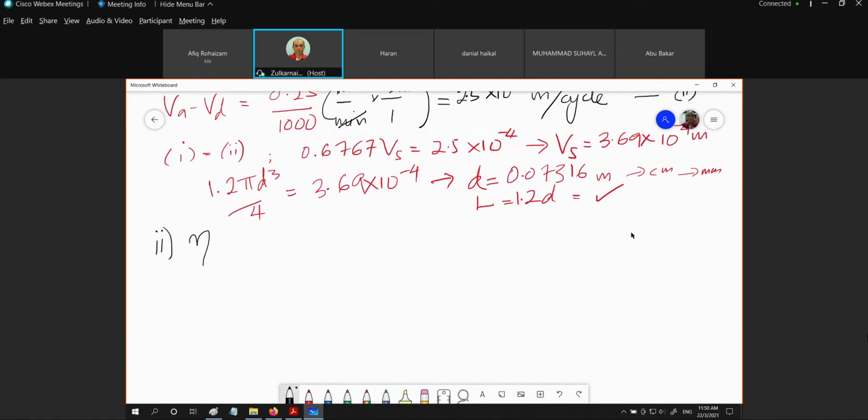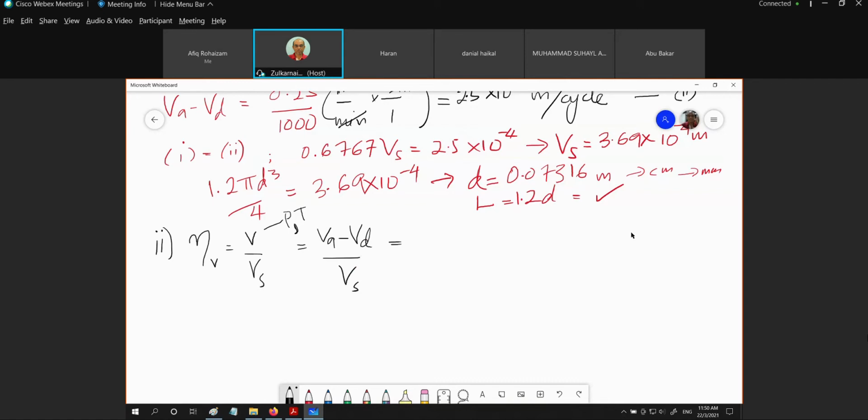The volumetric efficiency is equal to V divided by Vs. Remember, this V is measured at P and T. In this case, this is equal to VA minus VD divided by Vs, which we have defined.